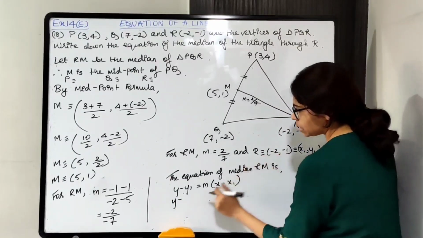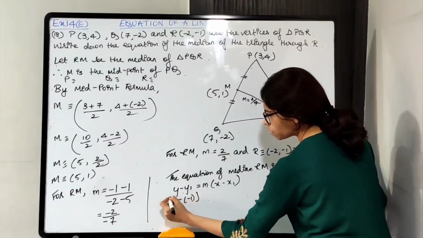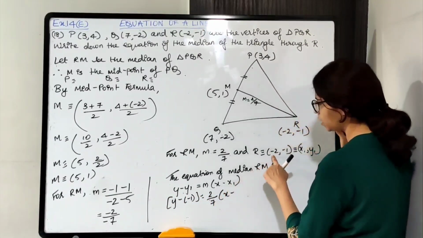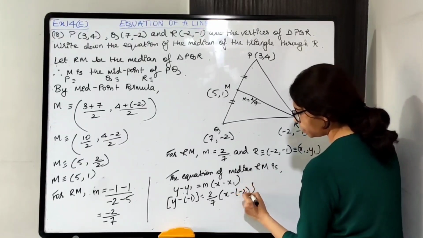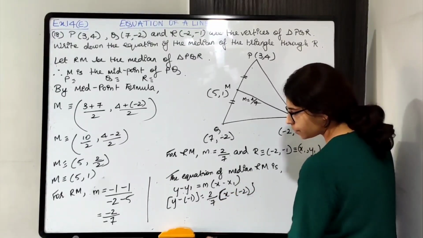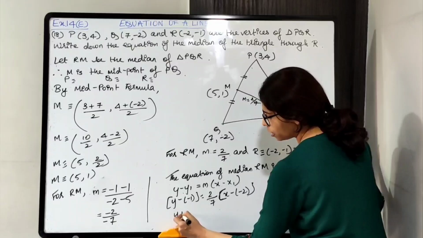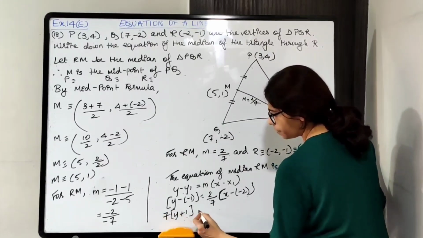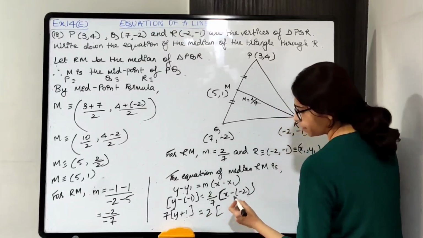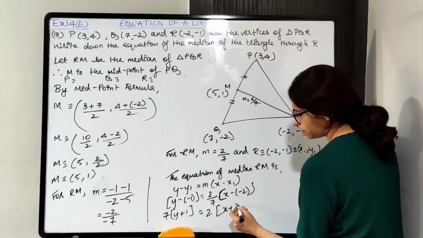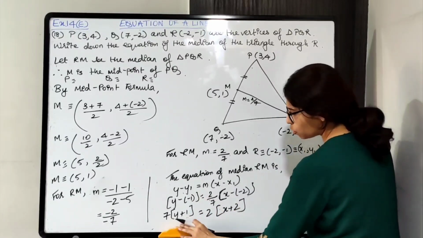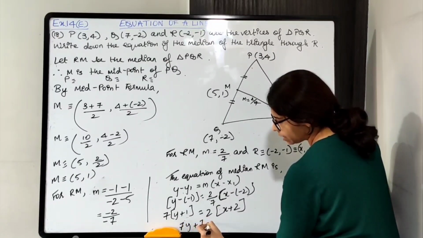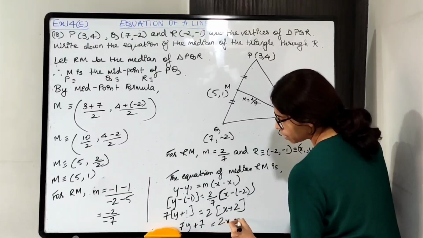y1 is -1, so put brackets outside. 2 upon 7. x1 is -2. Again here also brackets. Minus minus becomes plus. y + 1, and shifting 7 over here. Minus minus becomes plus. Okay, so opening the brackets, we are going to get 7y plus 7 is equal to 2x plus 4.